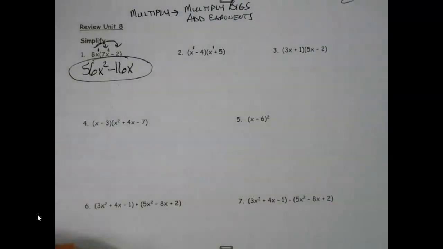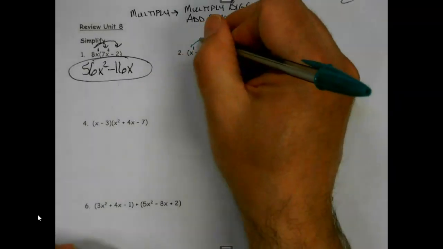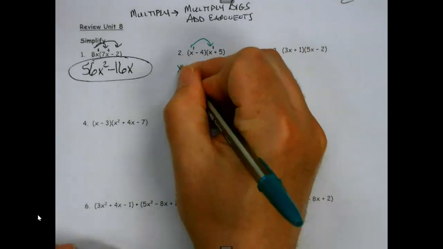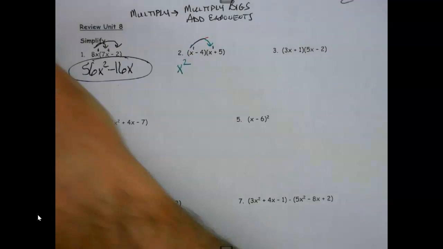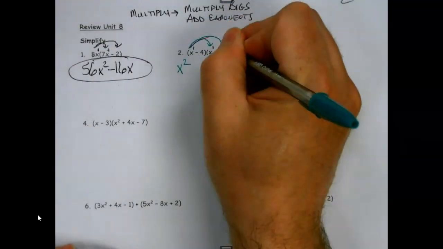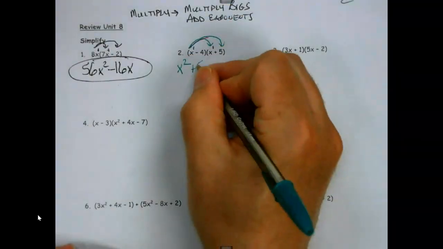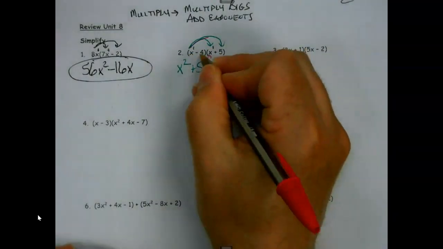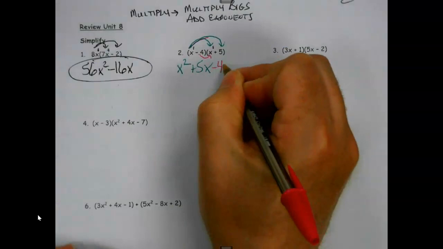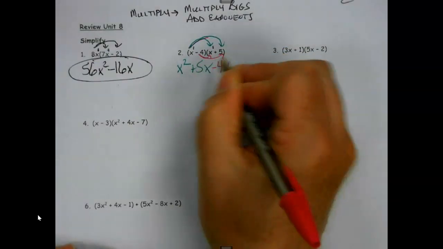Same thing going on here. Now here, there's more to do. So here I look and I'm like, okay, x times x is x squared. Whoops, hang on, I want to use the same color here. X times 5 is 5x. Negative 4 times x is negative 4x.